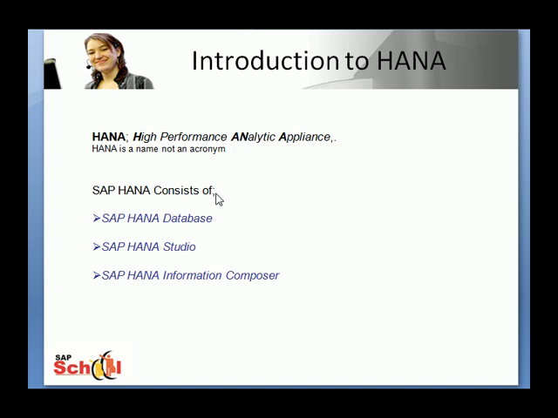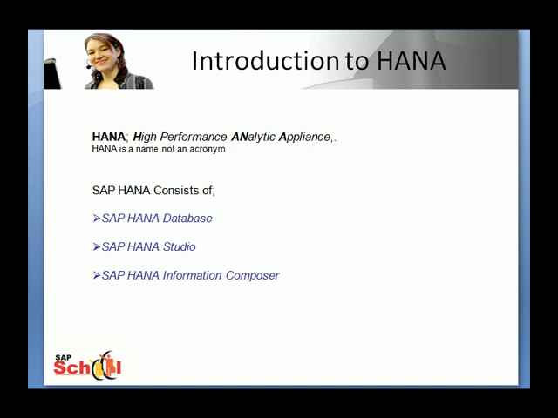Primarily, when customers buy HANA, they get these three components: the database, the studio, and the information composer. However, on a bigger scale, the whole HANA suite consists of some other elements as well, which we will go through in detail in the subsequent slides.